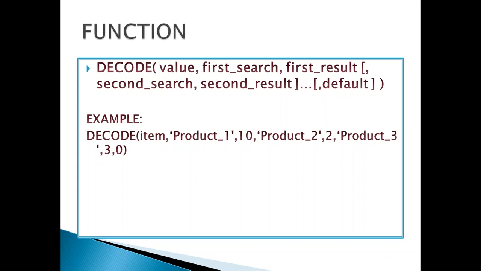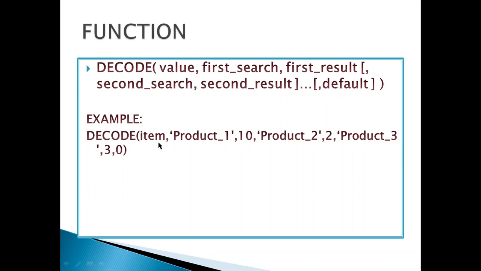First search, first result is nothing but whatever you give in the first search, it will search for it. After it finds that particular value, it will decode, or put that value with this first result value.